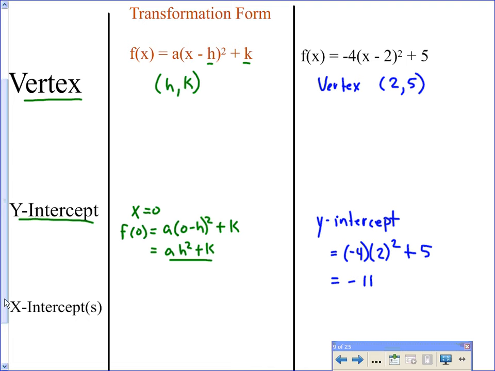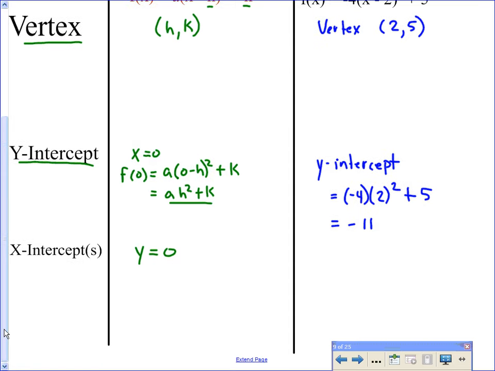And then for your x-intercepts, what do you know about your x-intercepts? It's where it's the x-axis, so in that case, y is 0. And if y is 0, then we're going to say 0 is equal to a times x minus h quantity squared plus k. And we are solving for x here. So in this case, I need to subtract k from both sides, and then I get this.